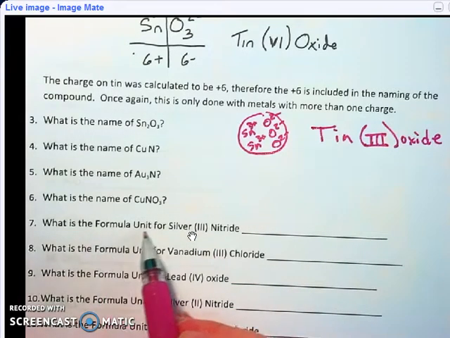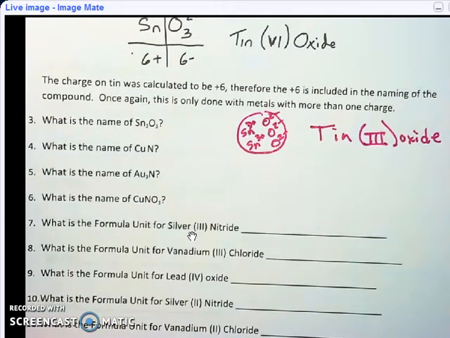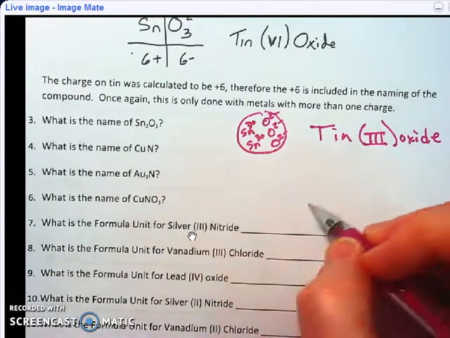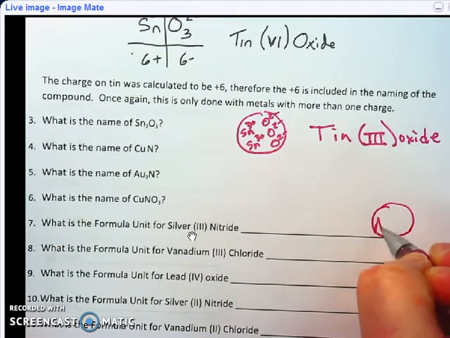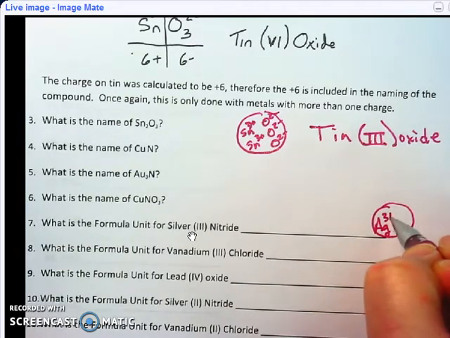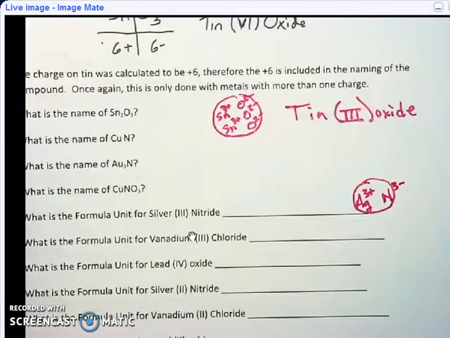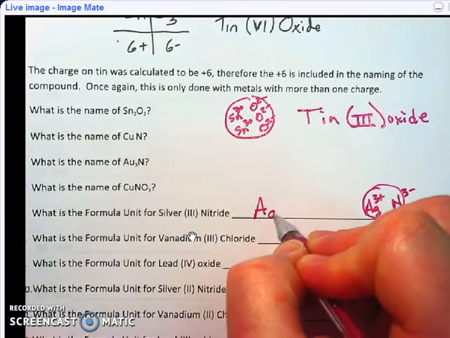What about the formula unit for silver 3 nitride? So we have Ag is a 3 plus, N is a 3 minus, so it would just be AgN.